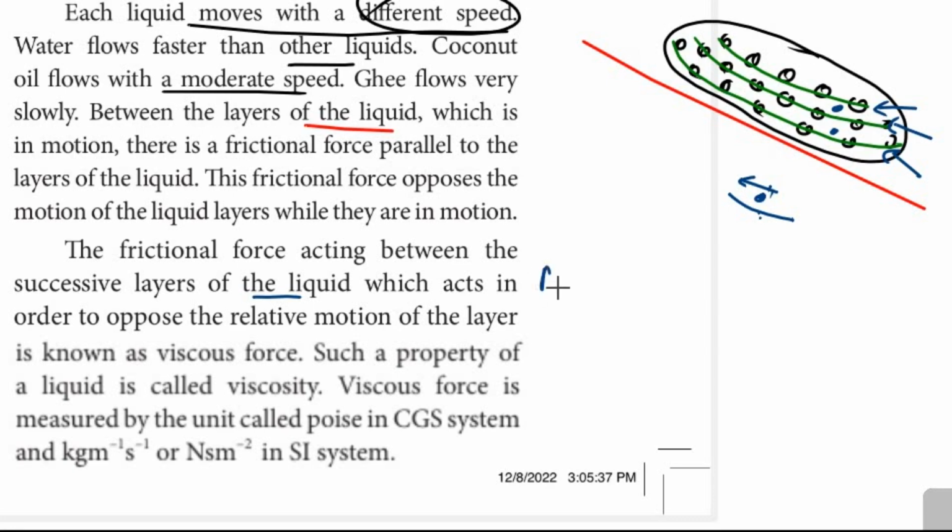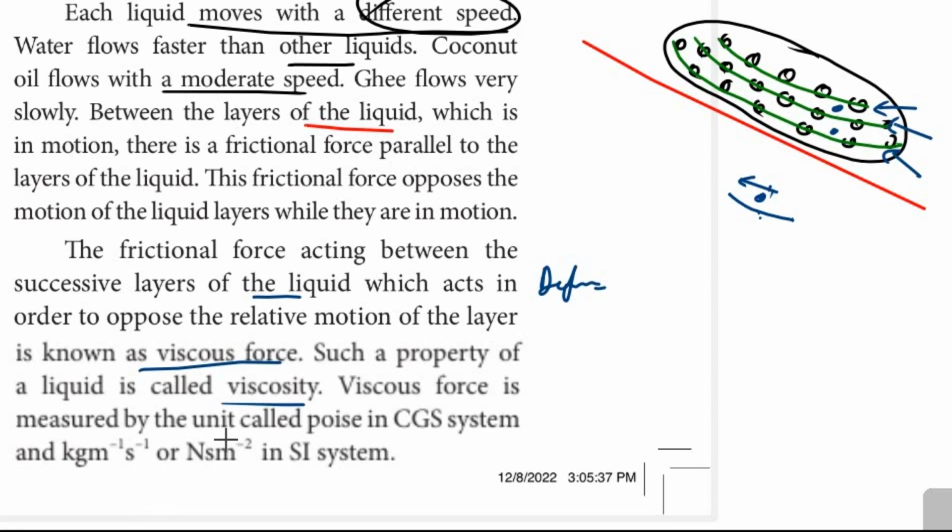So what's the definition? The definition goes like this: the frictional force acting between the successive layers of the liquid, which acts in order to oppose the relative motion of the layers, is known as viscous force. Such a property of liquid is called viscosity.